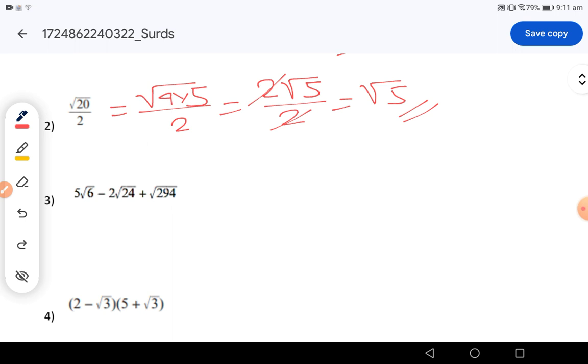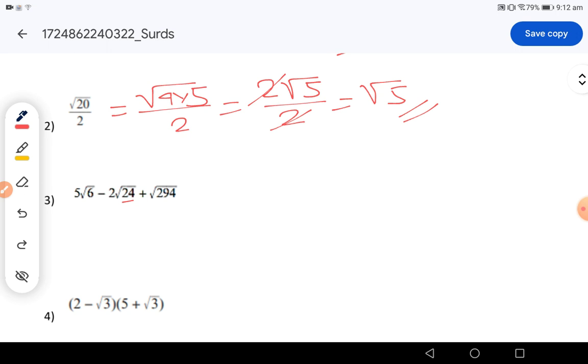Question 3, 5 root 6 minus 2 root 24 plus 2 root 294. 24 try to write in root 6 multiple of 6, and another number should be the square number.